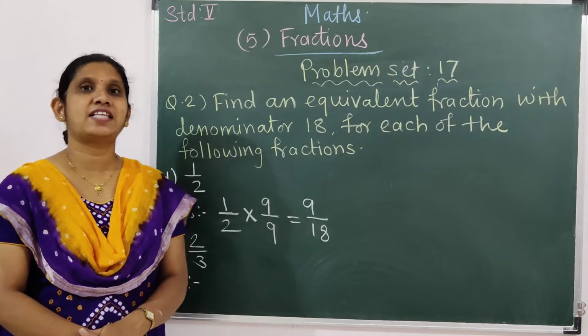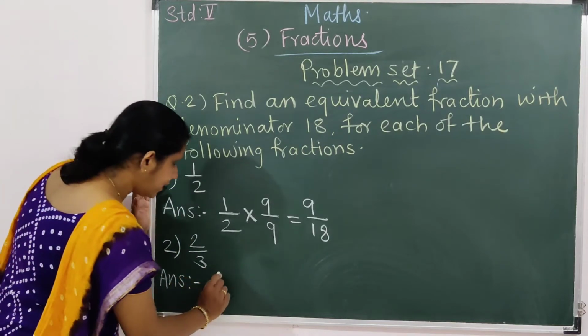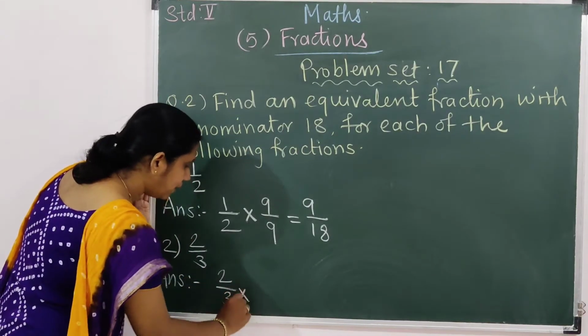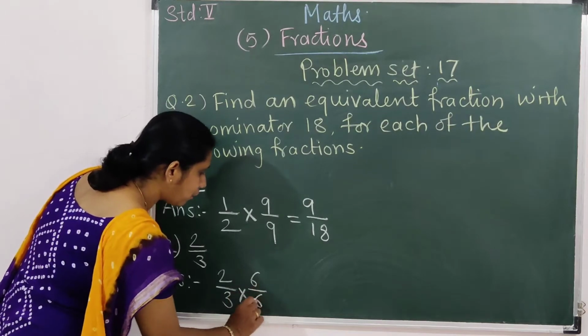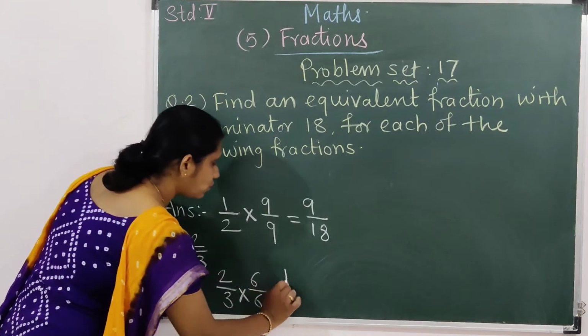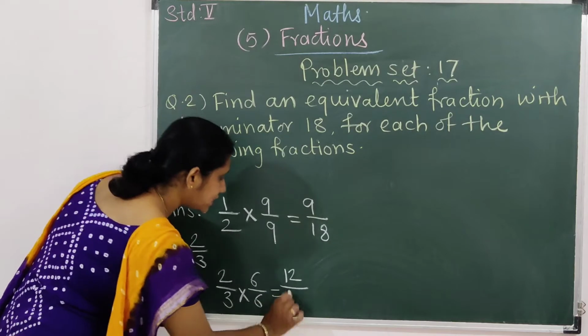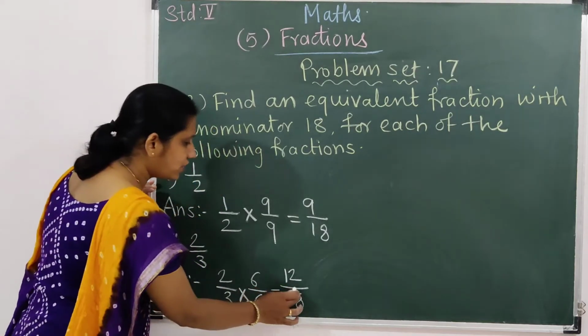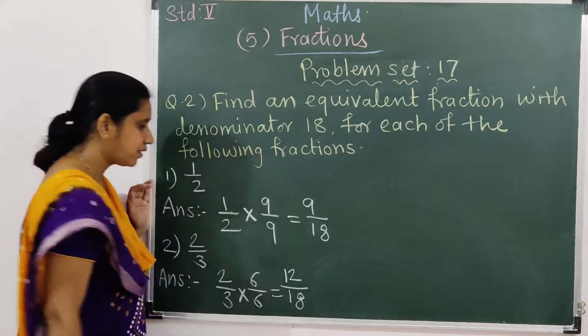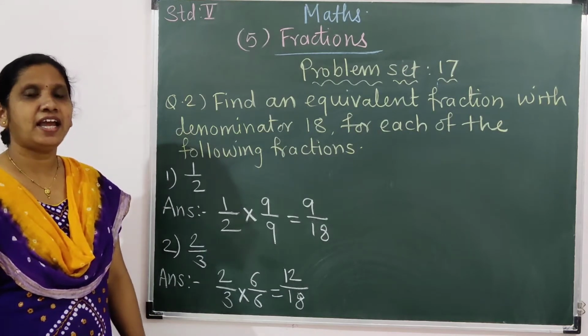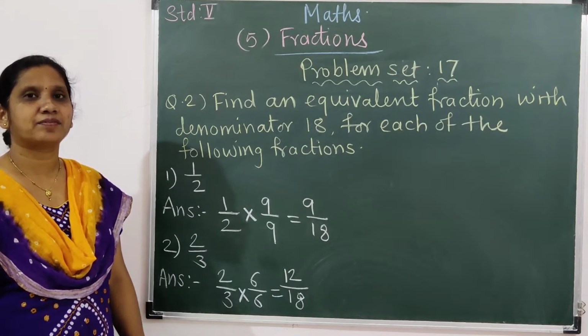Yes, 3 sixes are 18. So let us write here 2 upon 3 multiplied by 6 upon 6. So 6 twos are 12 divided by 6 threes are 18. So this is your answer. Alright.